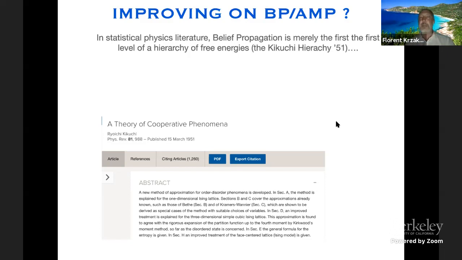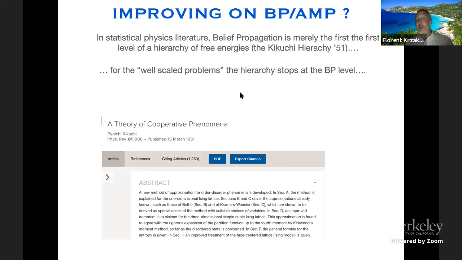Once you go out of BP's comfort zone, BP doesn't work anymore and you have to take more and more terms. And this is called the Kikuchi hierarchy in physics. There is something equivalent called the Plefka hierarchy. And that was discussed in this very nice paper by Ryoichi Kikuchi in the 50s in the physics literature.